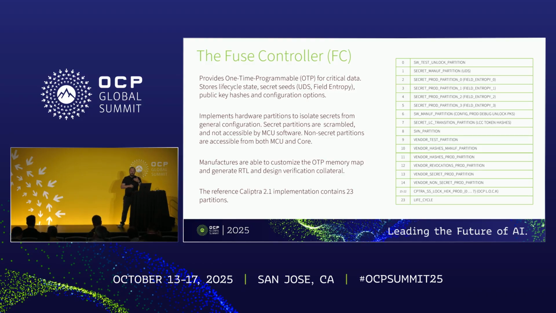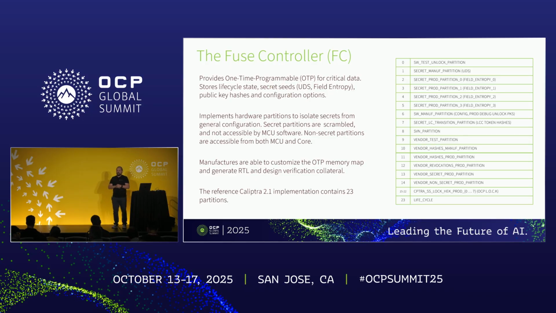We also implement additional countermeasures on top of that. We implement scrambling and integrity protection so that we're able to detect any tampering and also defend against optical attacks. And then we also have another class of partitions, which we refer to as software partitions. These are partitions that are accessible to MCU.